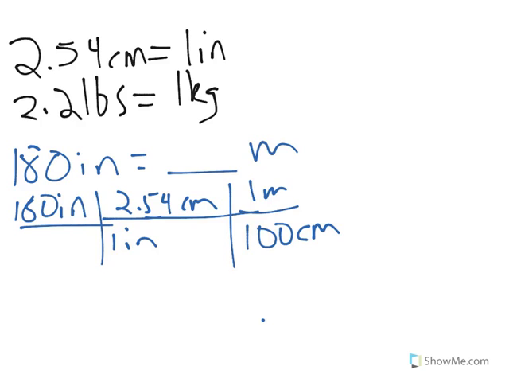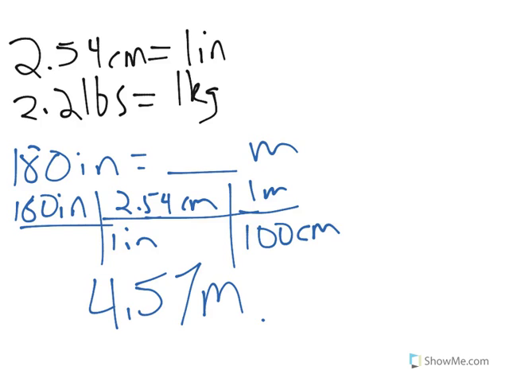We would get 4.57 meters. So if we go from 180 inches equals blank meters, we would have to go 180 inches. 1 inch is 2.54 centimeters. 100 centimeters are 1 meter. So you do 180 times 2.54 divided by 100, and that gives you 4.57 meters.